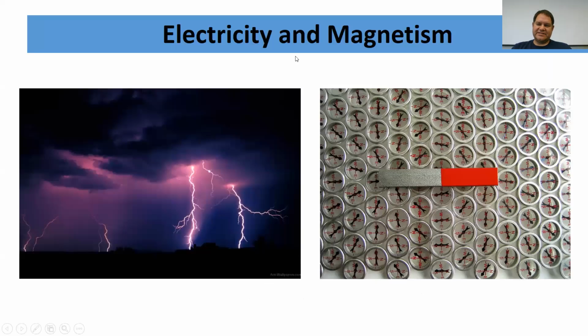So to continue our discussion with light, we need to understand that during essentially the 18th and 19th century, scientists were very interested in electricity and magnetism. And they knew that electricity was a force and magnetism was a force.